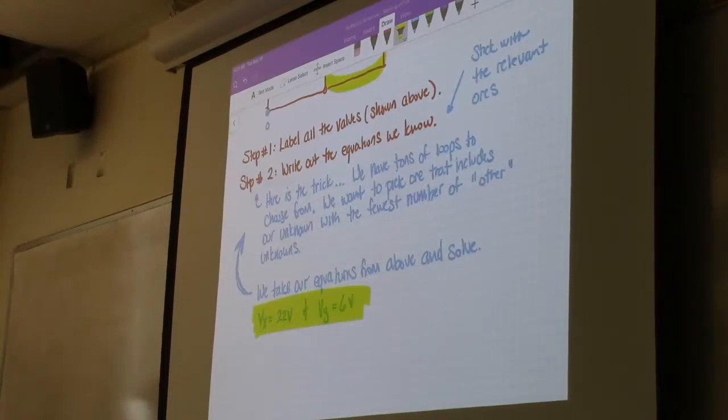Any other homework questions? Yes. Number 6.